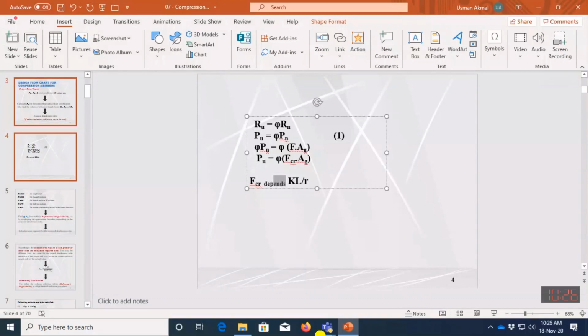So it means that for the start of design, we have to assume some particular slenderness ratio, because in this equation, the only unknown value will be the gross area.